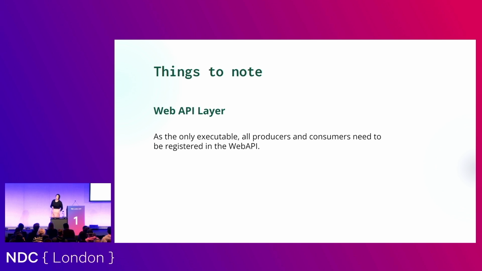So in our modular monolith, we do have some things to note, that the web API is our only executable. So if we are going through the message broker route, everything needs to be registered in the web API. So you're like, but now we've got message broker in a modular monolith. Oh, what do we need that? Message brokers are highly scalable, okay? They're very resilient.